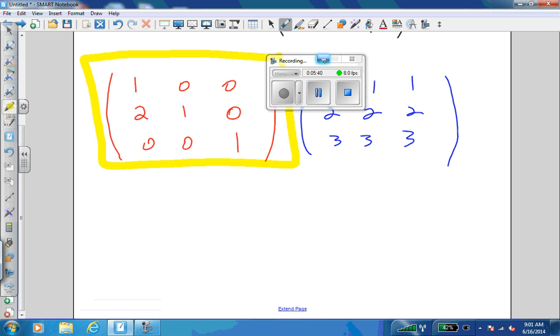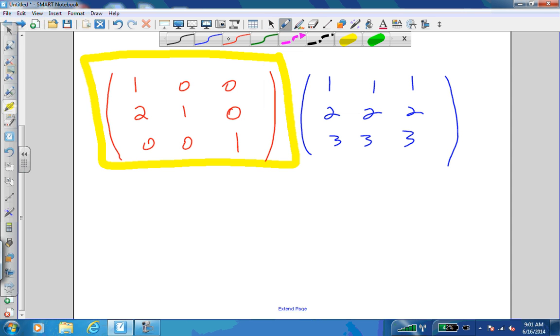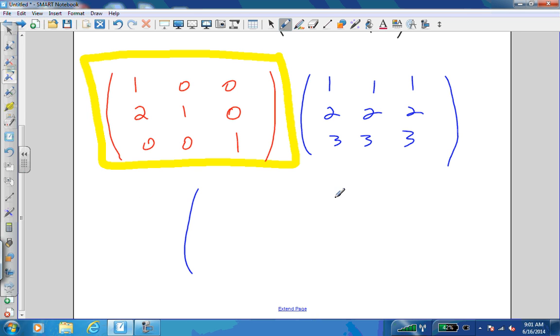So let me shrink this real quickly, get that out of the way. All right, now let's multiply these out. Now remember, we do a row times a column. Since there's just a 1 here, that's only going to multiply times the first element here. This row times the second column, so this is just times the first row.